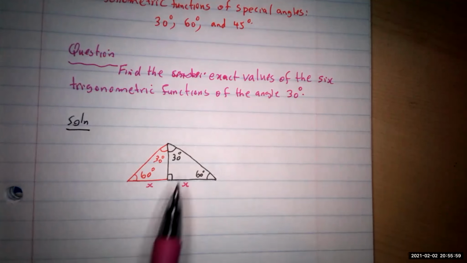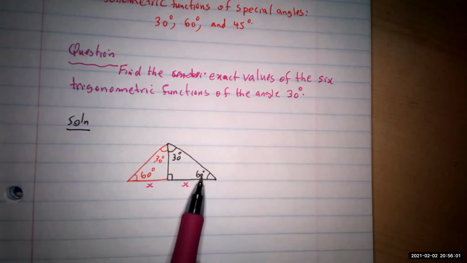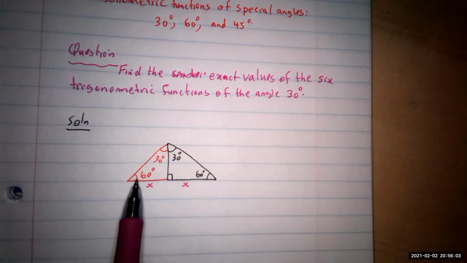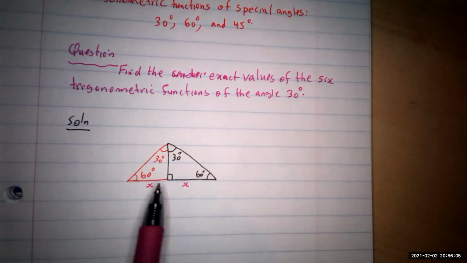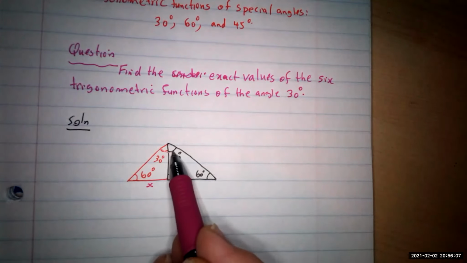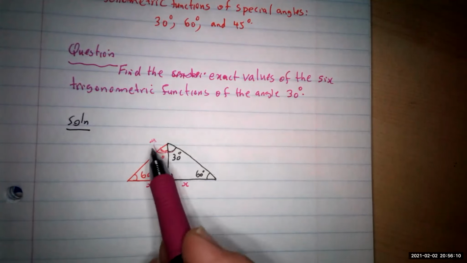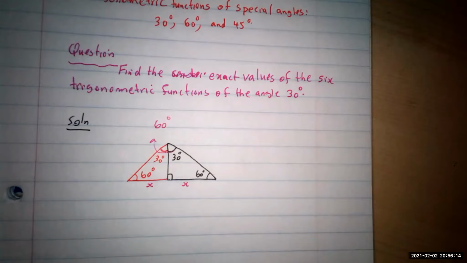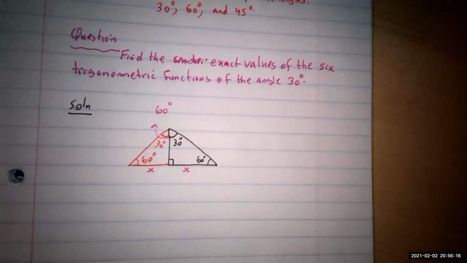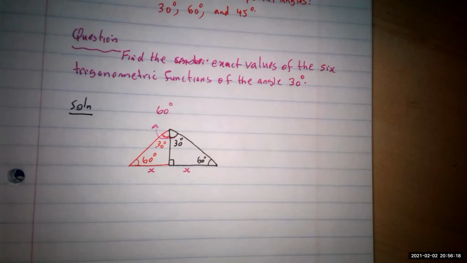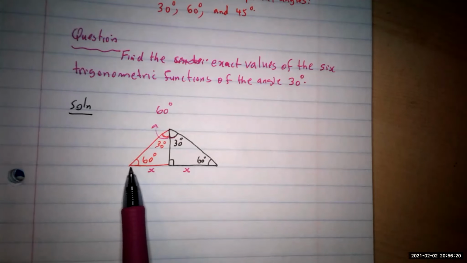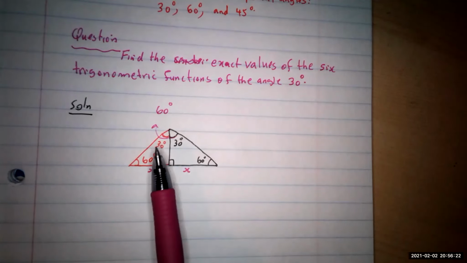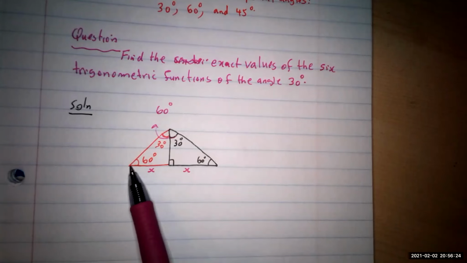Now in this triangle we get a 60, and we get a 60 here. The total angle over here is also 60. So it's an equilateral triangle, a triangle whose three angles are the same. You know that in geometry, these lengths are going to be the same.